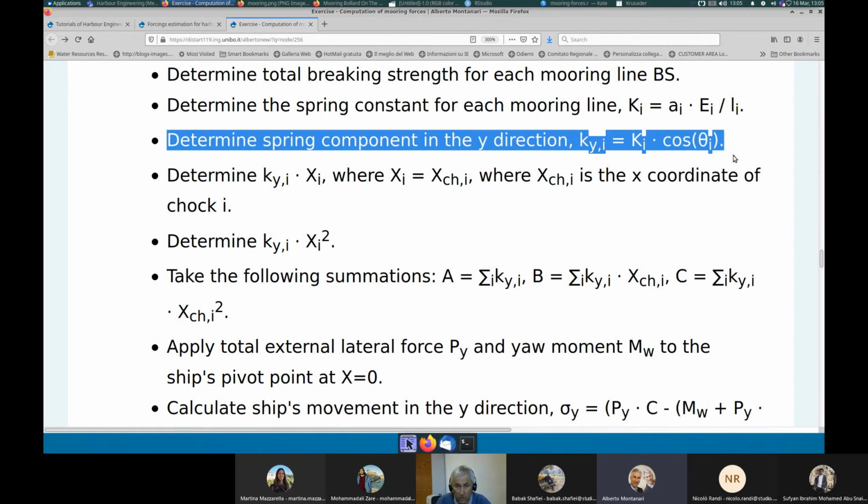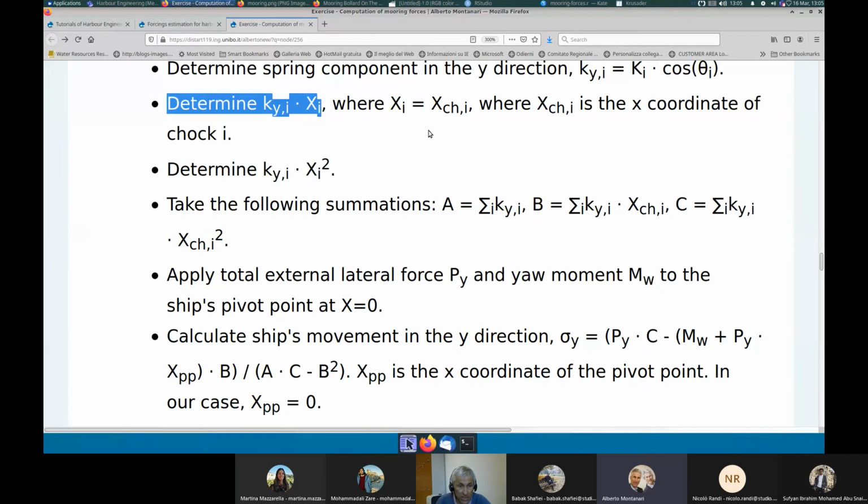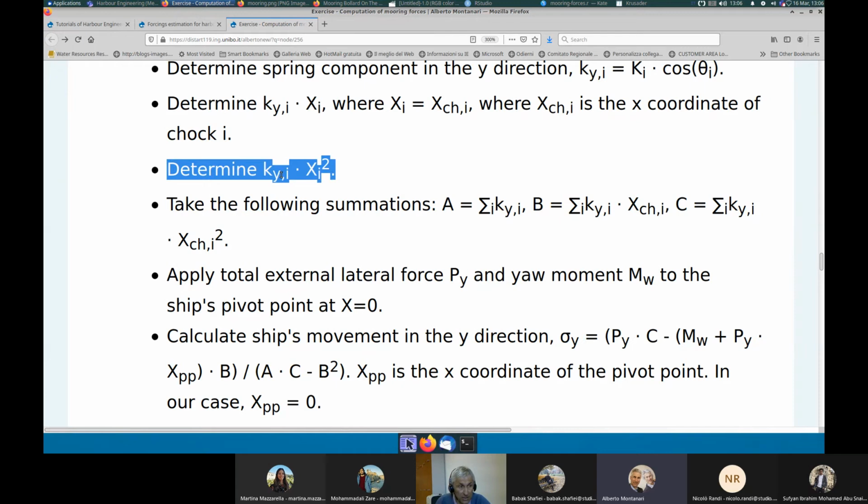We have to multiply Ki by cos theta. Good. Now we have to multiply such a spring component in the y direction times xi, where xi is given by the x coordinate of the chock i. And then we have to compute the product of spring component in the y direction times the square of xi.